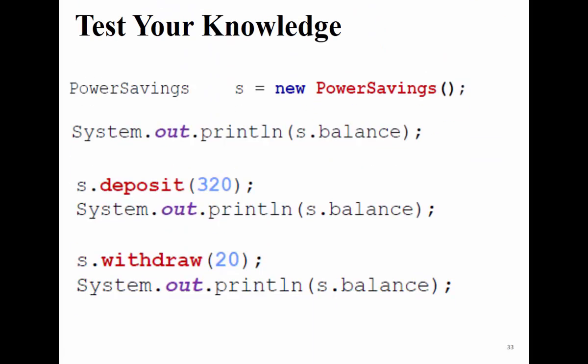Good. So now let us test our knowledge. We create the power saving account. We try to print the balance at the first line. What do you think the output? 0. The second? No, we are depositing now. No, not 320.